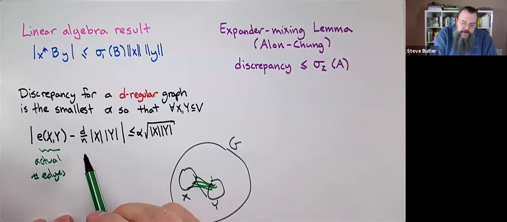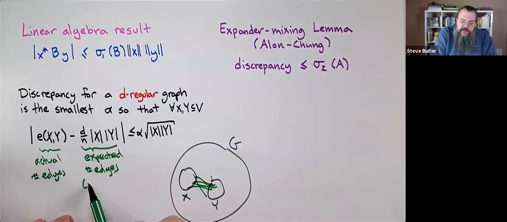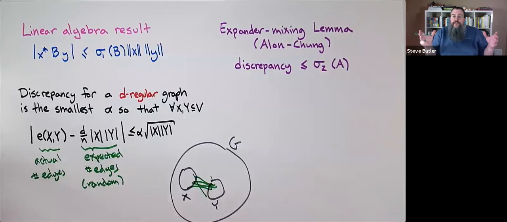Well, what's that? This would be if we had everything placed randomly. So this is the expected number of edges under some sort of randomness. And now what we're looking at is, discrepancy says, let's compare these two. Let's look at the actual versus the expected, and let's see how small it can get.